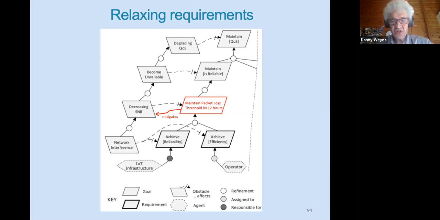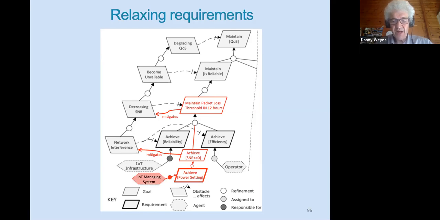Now, of course, just stating that you need it over 12 hours will not be done automatically. You need to realize that. For that, we can add another goal, a sub-goal that says, okay, let's keep the signal-to-noise ratio higher than 0. The signal should be higher than noise, so 0 is the minimum. Sorry for the typo. Now, also keeping the signal-to-noise ratio above 0 is not something that happens automatically.